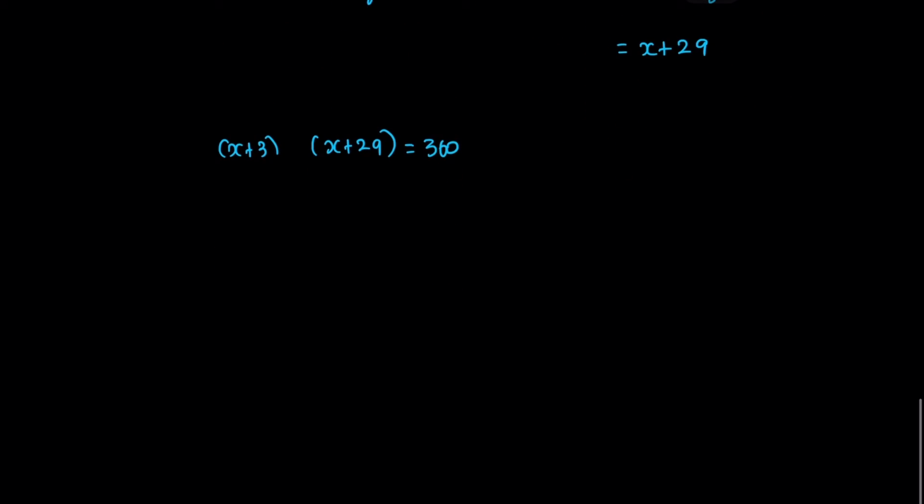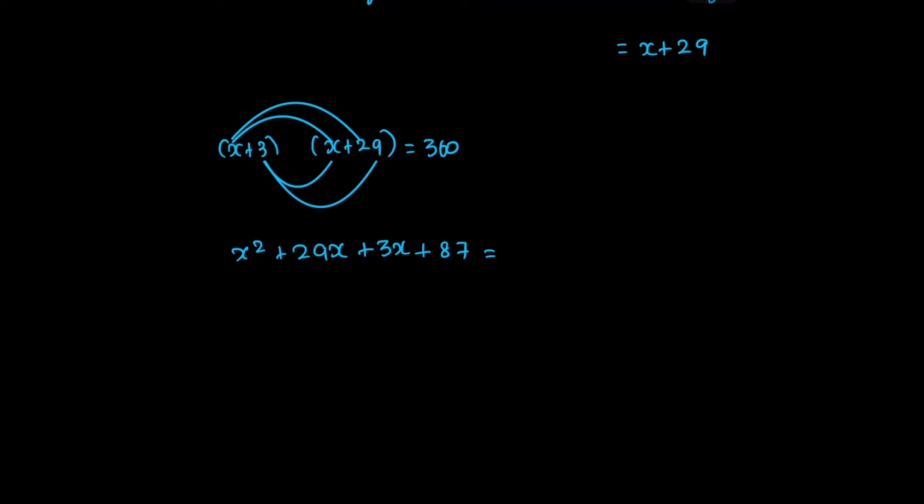So then the product of each and every term. So x square, then plus 29x, plus 3x, plus 3 times 29, that is equal to 87. So this value is 360.